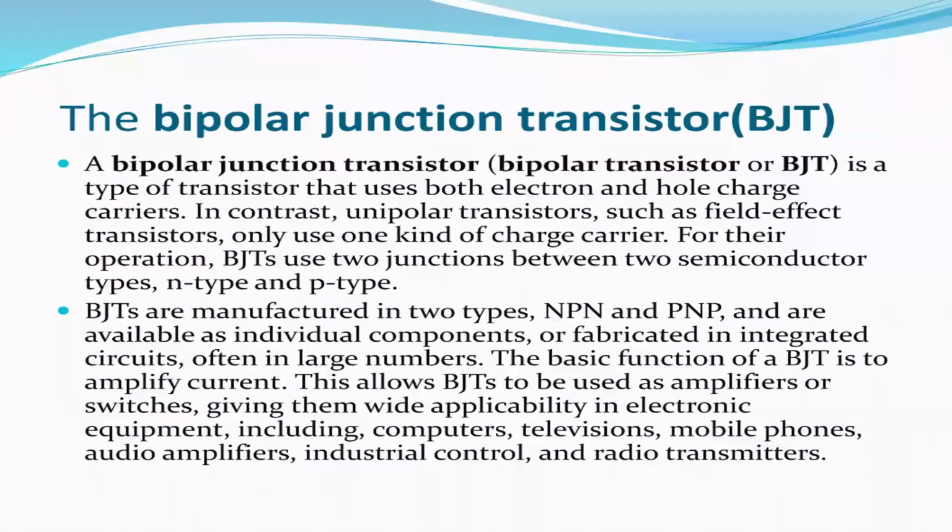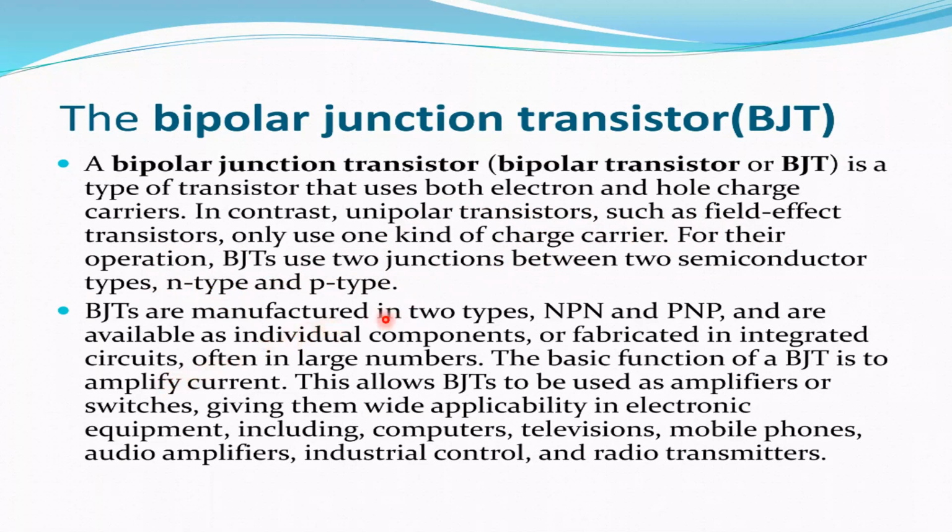So let us know briefly about the bipolar junction transistor, BJT. A bipolar junction transistor, or BJT, is a type of transistor that uses both electron and hole charge carriers. In contrast, unipolar transistors such as the field effect transistor only use one kind of charge carrier. For their operation, BJTs use two junctions between two semiconductor types, N-type and P-type.